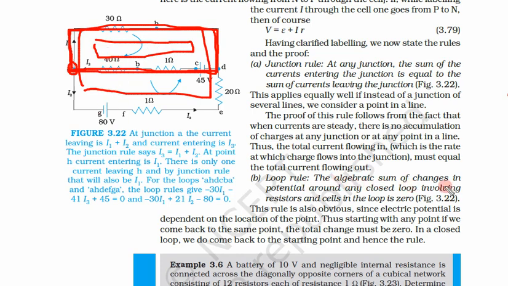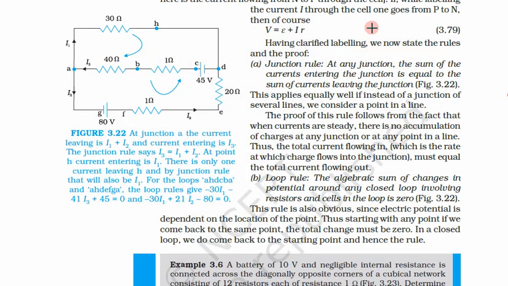So the algebraic sum of changes in the potential around any closed loop involving resistors and cells is 0. Or if we started traveling like this in the bigger loop, and again reached point A, the algebraic sum of changes in potential must again be 0.